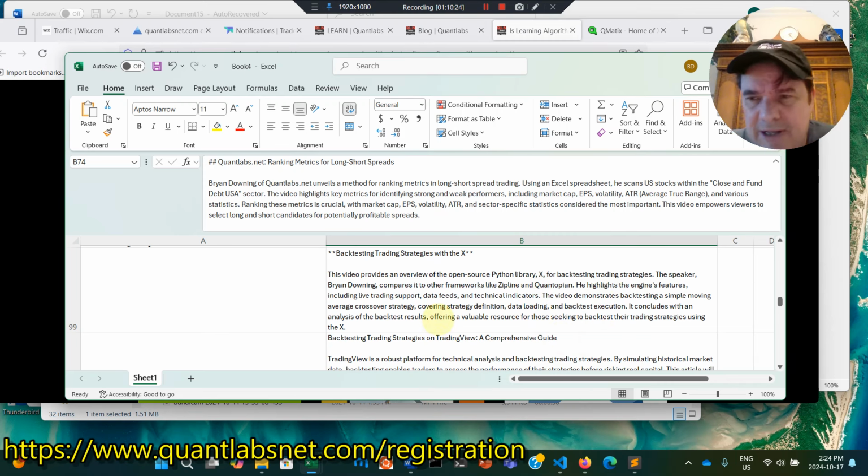This is basically an engine showing the features for live trading support, data feed, and technical indicators. Demonstrate the backtesting simple moving average crossover strategy, simplest out there, covering strategy definition, data loading, and backtesting execution. Concludes with analysis of backtesting results, valuable resource for those seeking to backtest their trading strategies.